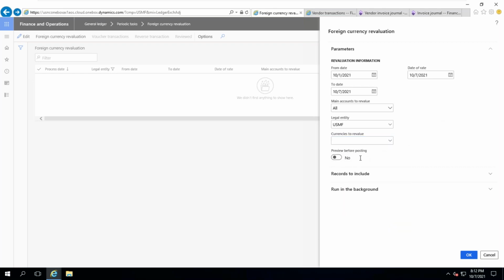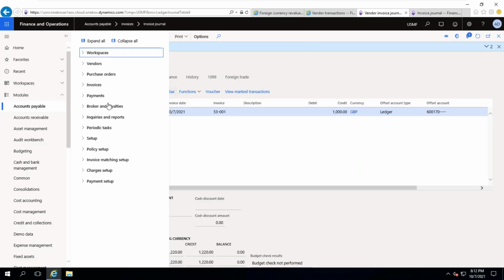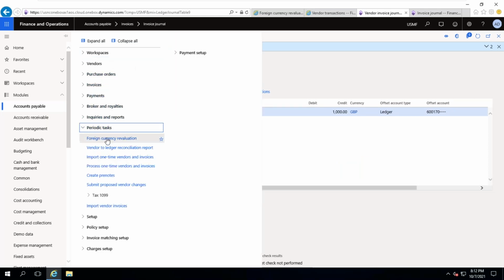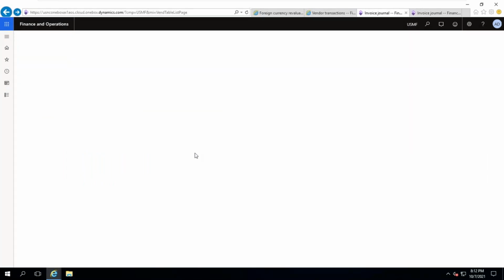All currencies also. And one more thing, preview is available here without posting. Like AP foreign currency revaluation, here also preview is available without posting. But let me show you that one.